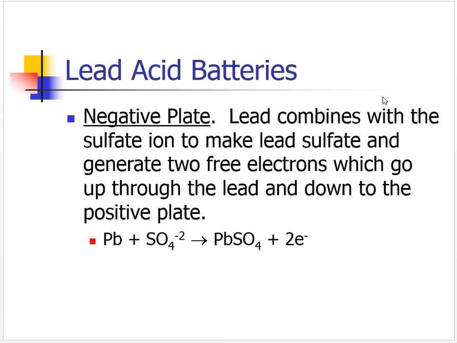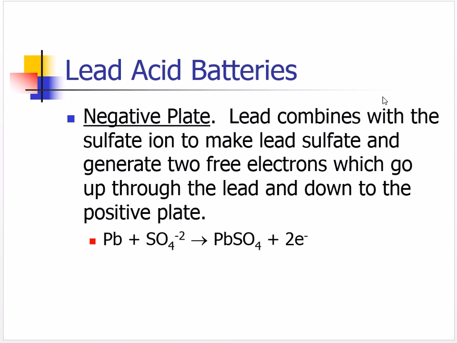The negative plate in a lead acid battery is made out of lead. Just the element lead is the part that is active. Sulfuric acid is the electrolyte, so you have these sulfate ions as part of the sulfuric acid.